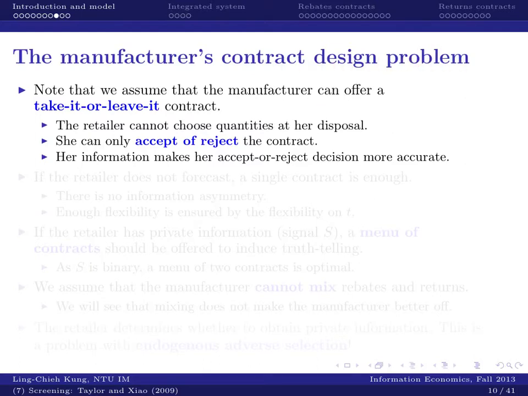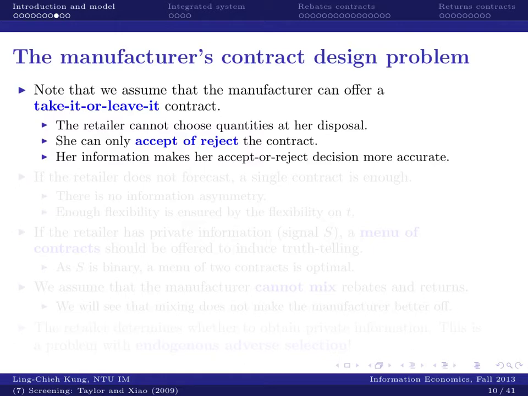The manufacturer designs a take-it-or-leave-it contract. The retailer cannot choose quantities by himself or by herself. The retailer can only accept or reject the contract. Okay? So the manufacturer is saying take it or not. The retailer can only accept or go away. But here, the retailer's information allows her to make this decision more accurately, right?